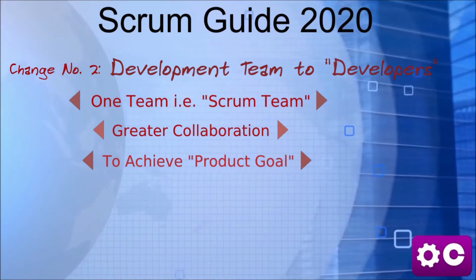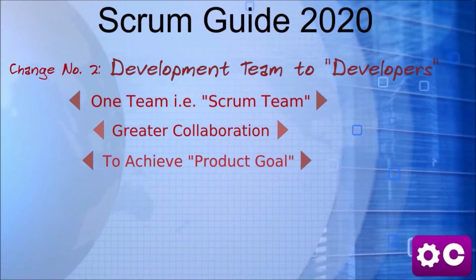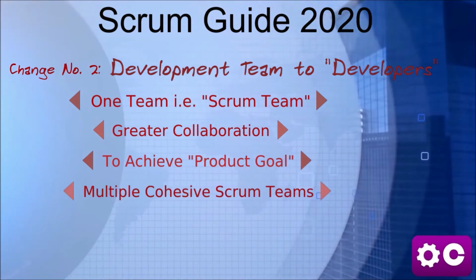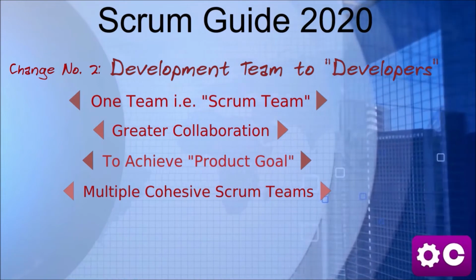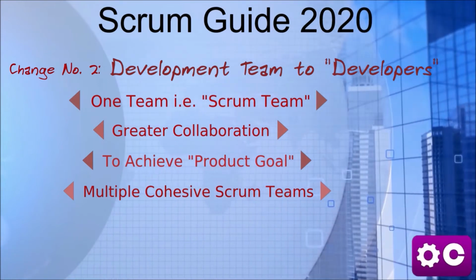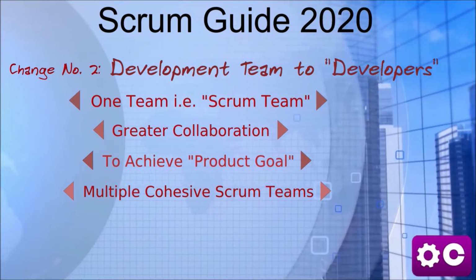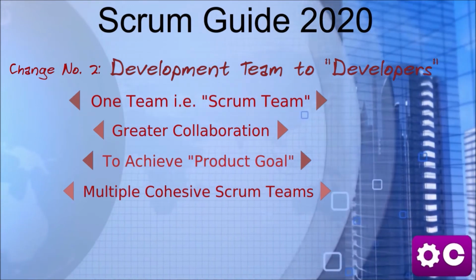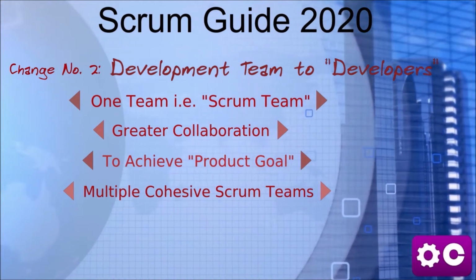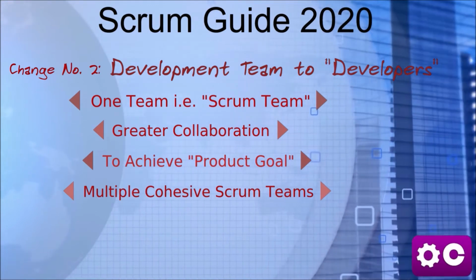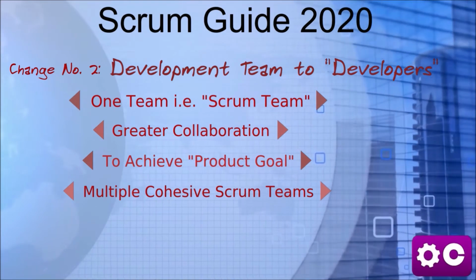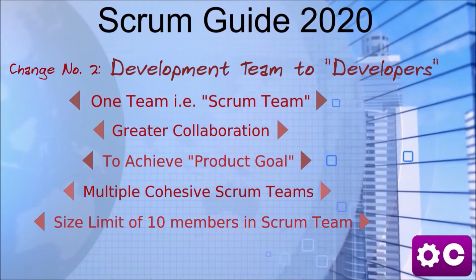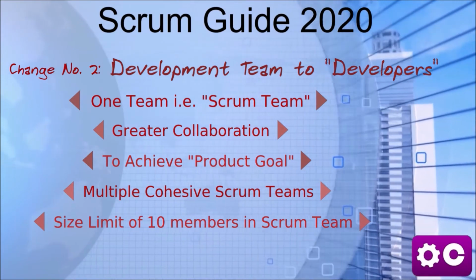It has been clearly mentioned in the Scrum Guide 2020 that the Scrum team should be split into multiple cohesive Scrum teams if it has more than 10 people, whereby each team is focused on the same product. These cohesive Scrum teams share the same product goal, product backlog, and also product owner. This implies that now the Scrum team size is limited to a maximum of 10 members, including product owner and Scrum Master.